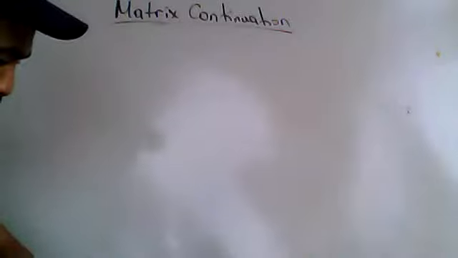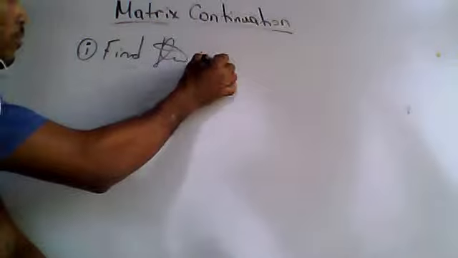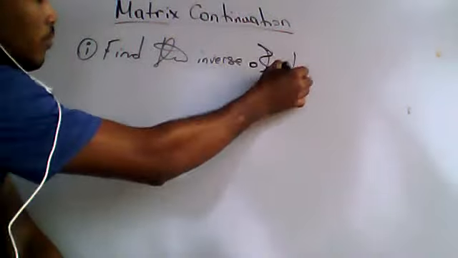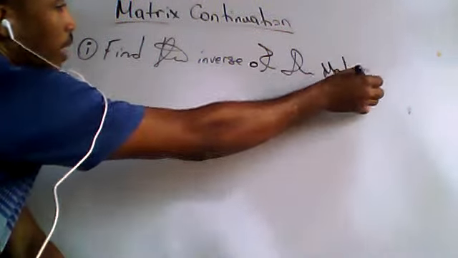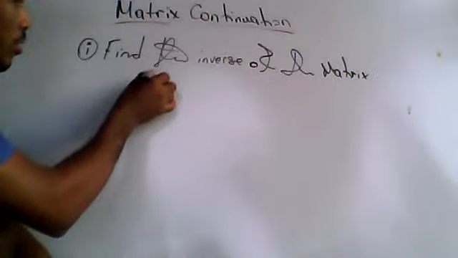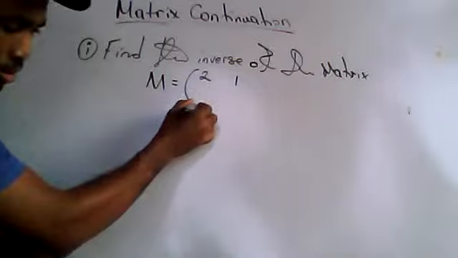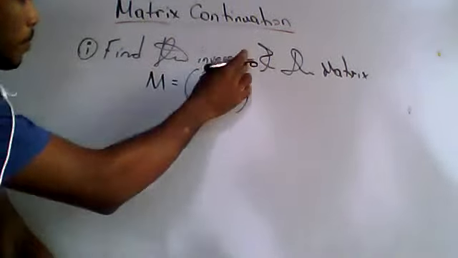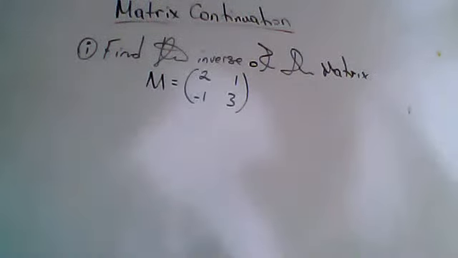So, with this question: find the inverse of the matrix M, which is equal to 2, 1, minus 1, and 3. So they want us to find the inverse for matrix M.